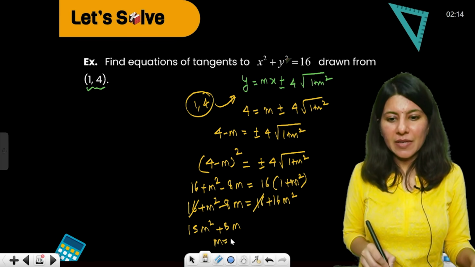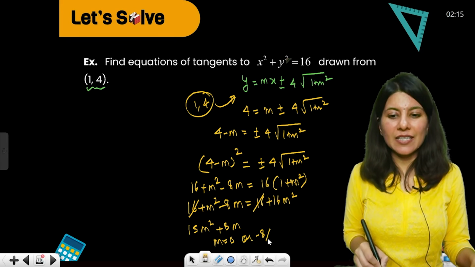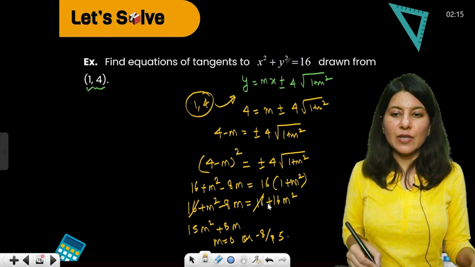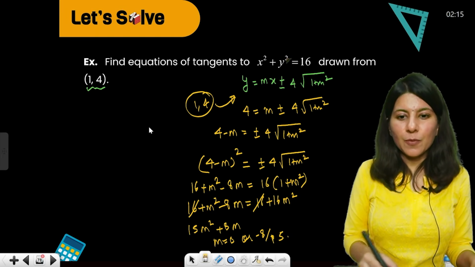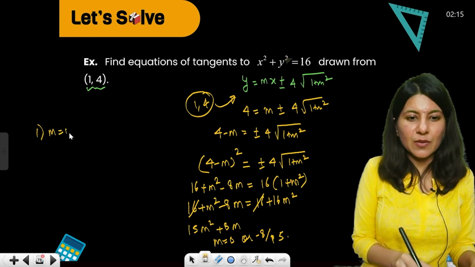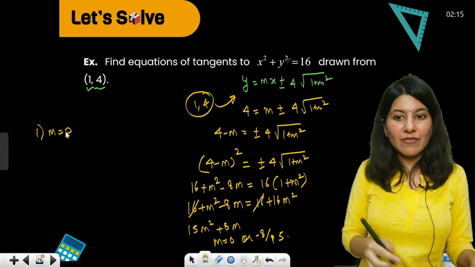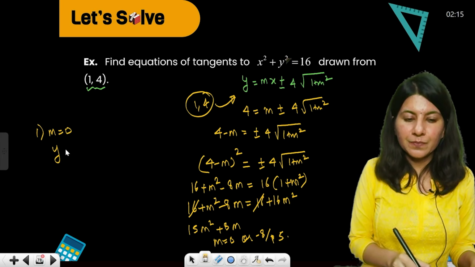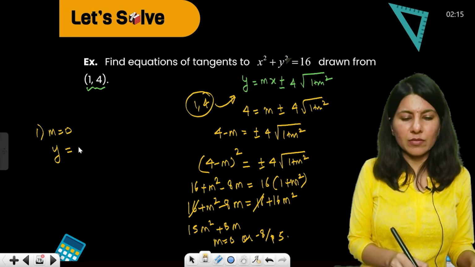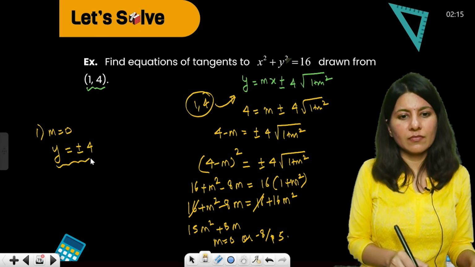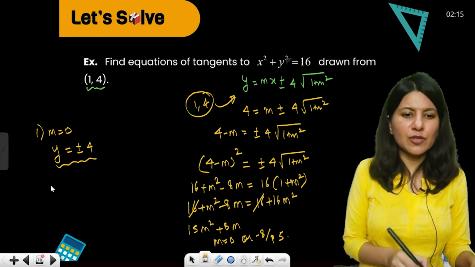So, m is coming out as 0 or minus 8 by 15. If m is 0, then y equals plus minus 4. This is your equation of tangent.